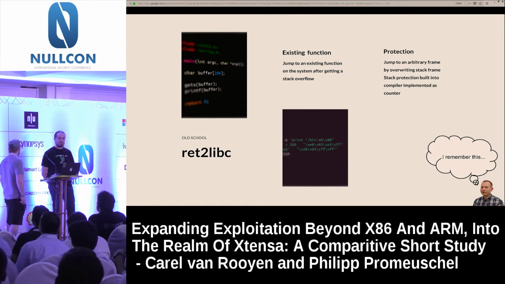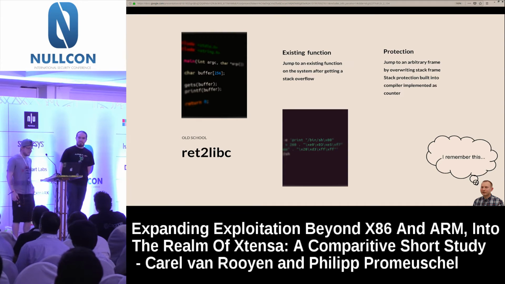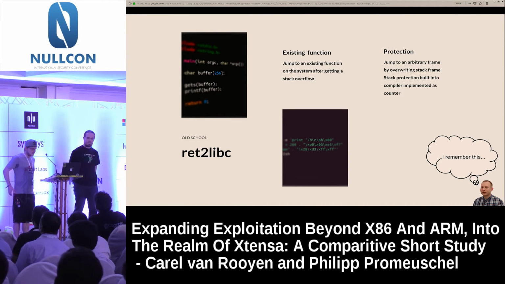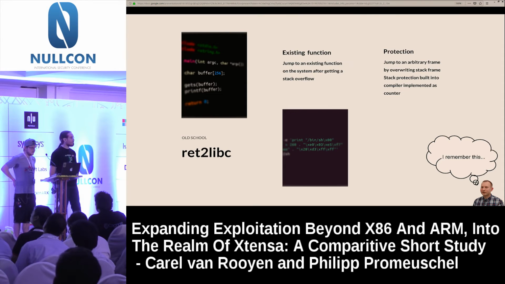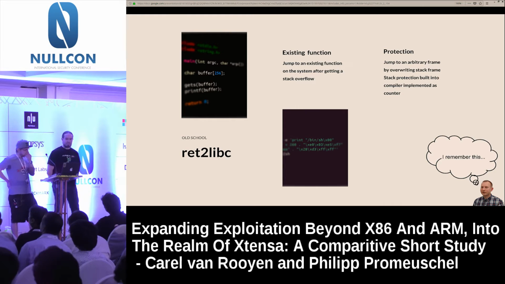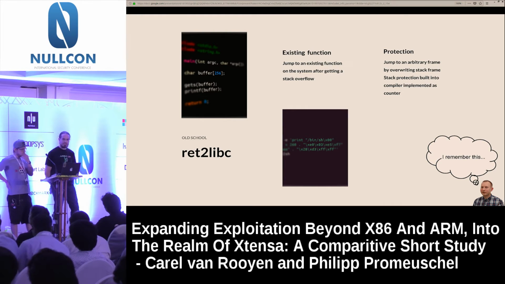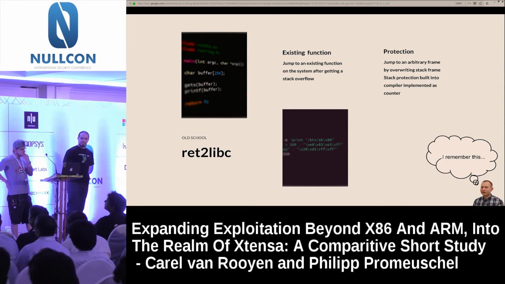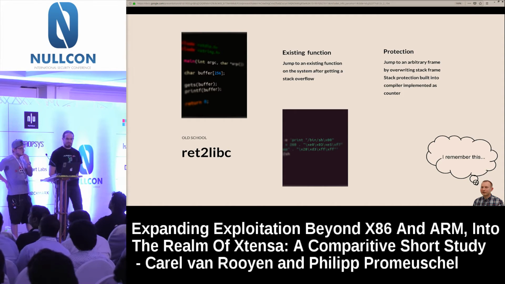So non-executable stacks were safe until someone discovered return-to-libc. That allowed you as an attacker to basically jump to a part of the C libraries that were already on the system. You could simply jump to an existing function, but this could be protected against. Stack protection mitigated against this, and we couldn't execute this type of attack anymore.